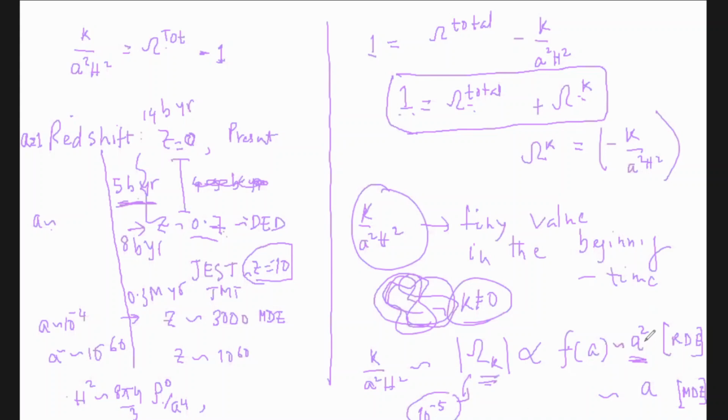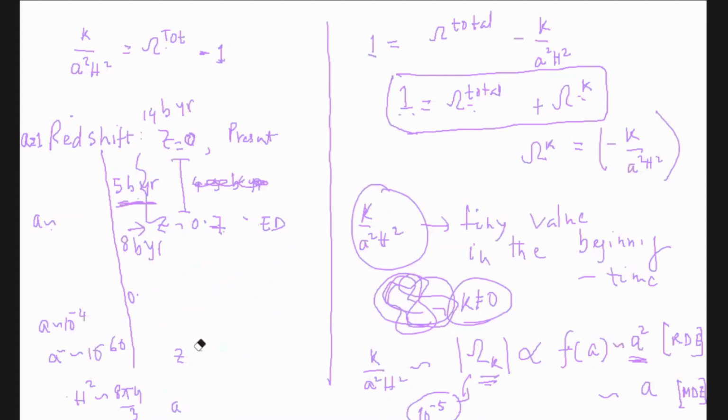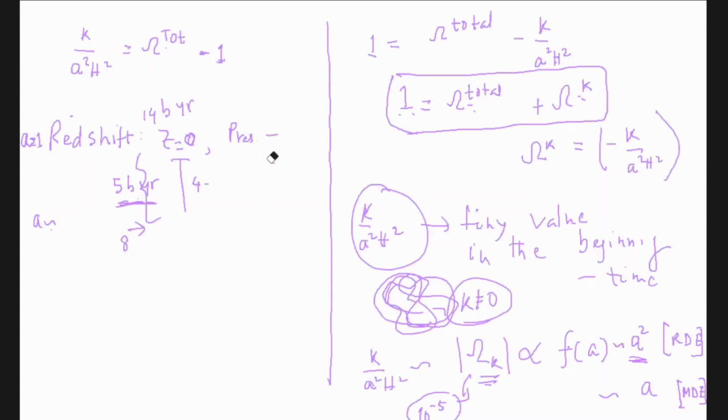Now this value will scale as a squared. So will it increase or decrease as the universe expands? I start with this value in the beginning. So it will decrease, sir. Because you just proved that it goes as a squared. Yes, sir. So then a is increasing, no? Scale factor.